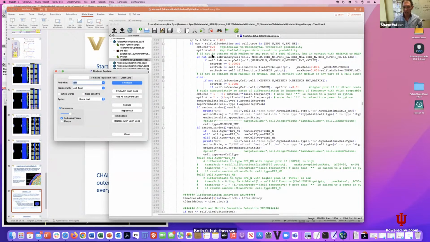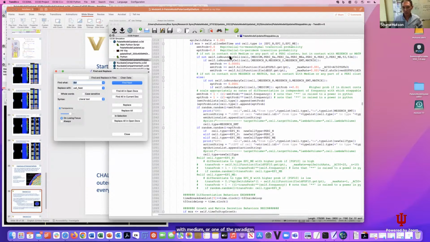But then we go down here and we ask, what is our epithelial cell in contact with? This is boundary cell, a function that's written into here. You can look up the function and see exactly what it does. It returns true if this cell is in contact with any of these types of cells. This first one is checking, is the cell in contact with medium or one of the periderm types?